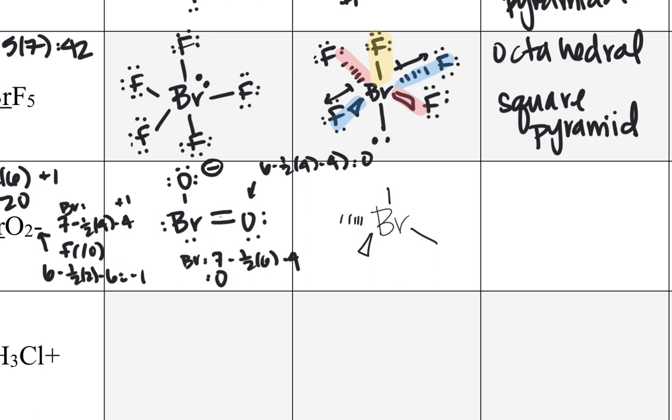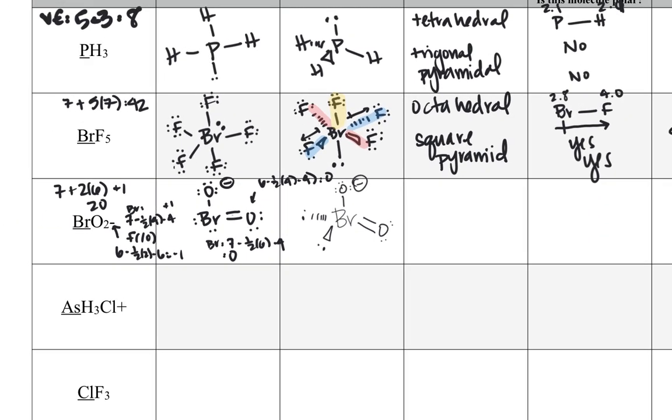So now we have our bromine, and we need to decide where things go. Personally, I like to put my double bond in the plane of the paper. So from here, it's going to have two lone pairs on it. We're going to have a lone pair here, here, and then we're going to put our other oxygen here, and it has a negative charge. So in this case, it is tetrahedral.